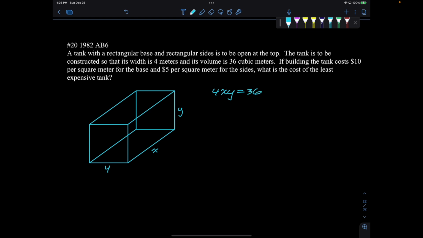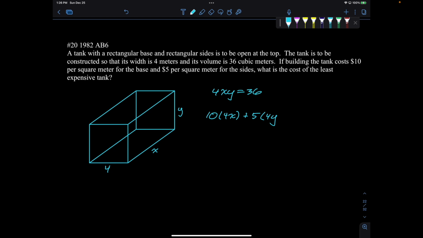If building the tank costs $10 per square meter for the base, so it's $10 for the base, and the base is 4x. And $5 per square meter for the sides. So the sides, all right, we got 5. One side is 4y, right? 4 by y is the area, so 4y per square meter.